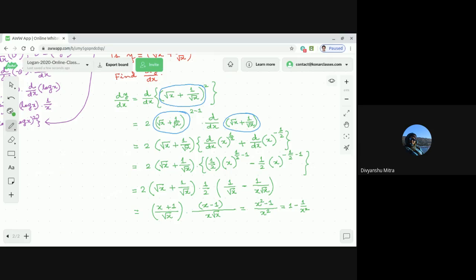Now you can ask a question to yourself: what was stopping me? You don't need to answer me. Ask yourself and answer what was stopping me from actually reaching this 1 minus 1 by x squared. No, sir, I converted into x to the power 3 by 2, and then I was thinking.